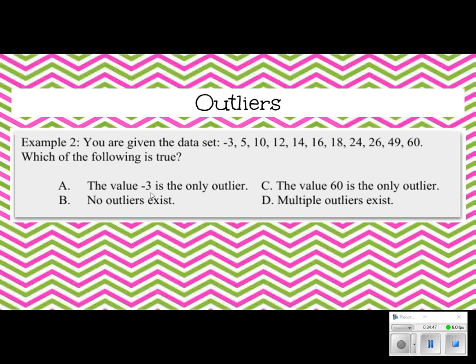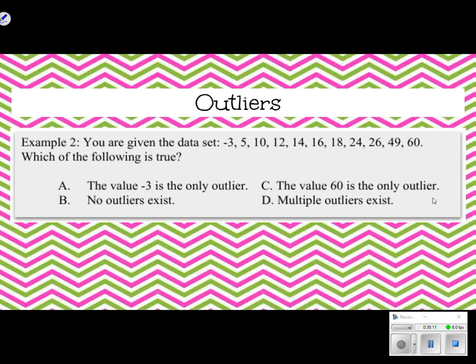So we have -3 being an outlier, 60 being an outlier, no outliers exist, multiple outliers exist, which can happen. You can have a lower end outlier and an upper end outlier. You can have 2 upper end outliers or 2 lower end outliers. Just kind of depends.